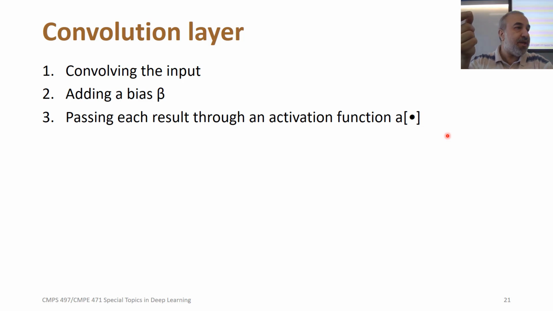Applying the kernel means what? Means the weighted sum, right? We will compute the weighted sum, add the bias, and then apply the activation function. So exactly like what we do in standard neural networks, right? And we do that over every region in the input.